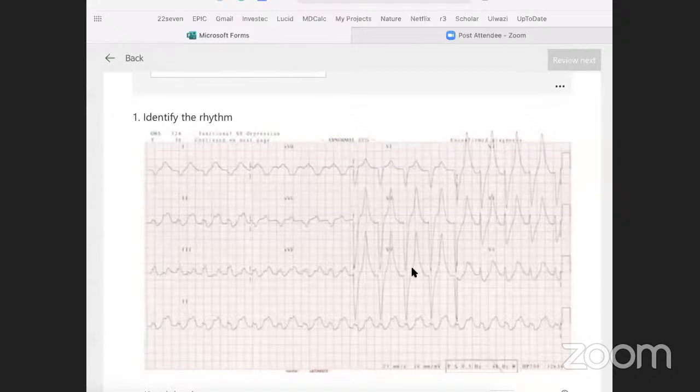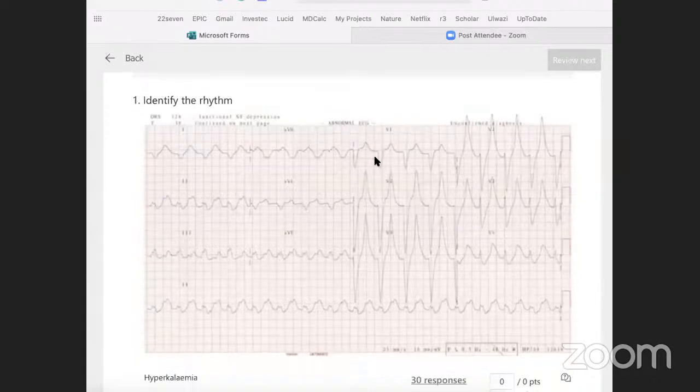And so we can see that it's a regular rhythm. The rate, if we count the blocks, 1, 2, 3, 4, is around 80 beats per minute. It's very difficult to discern any P waves, and there's QRS widening and massive upsloping T waves.